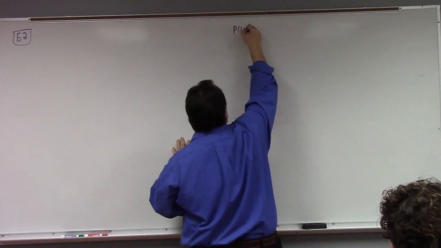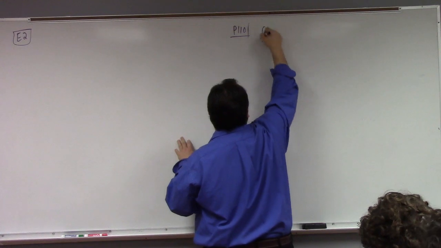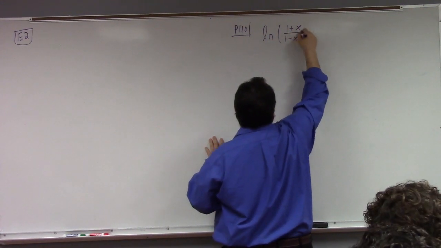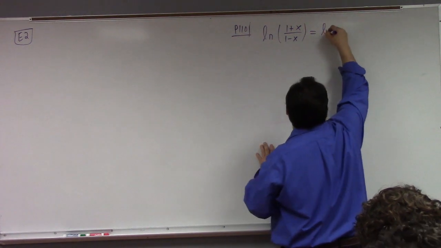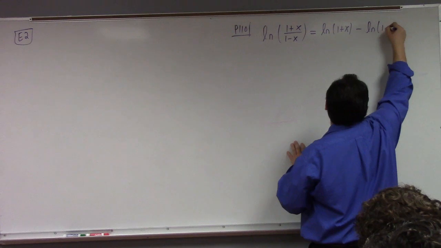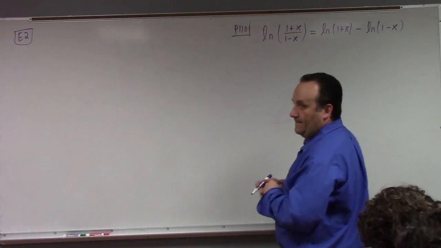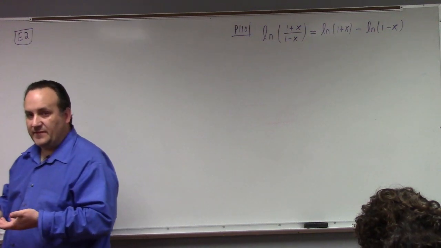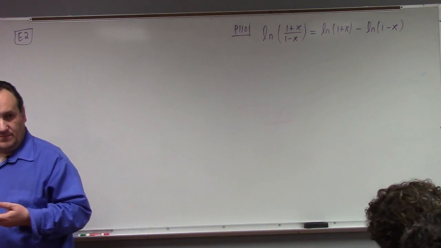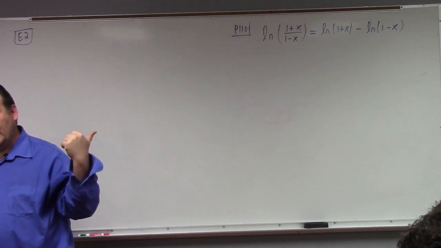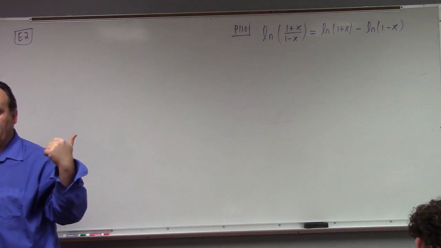For problem 110, you've got the log of (1 plus x) over (1 minus x). By properties of natural log, this is the log of 1 plus x minus the log of 1 minus x. But we know the Maclaurin series for the log of 1 plus something, so use it and make a substitution for the second one, because it's the log of 1 minus something.